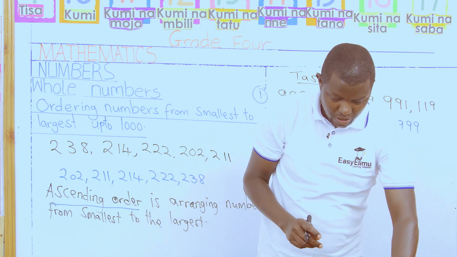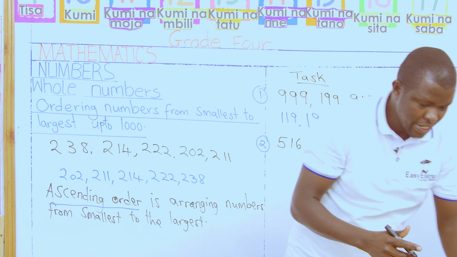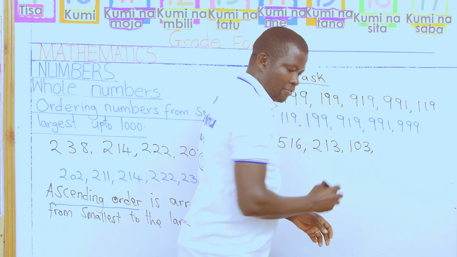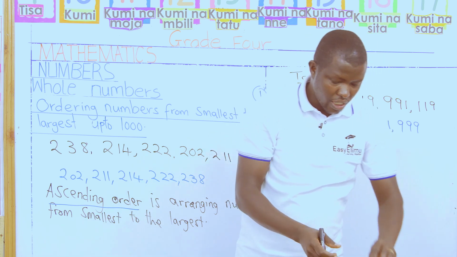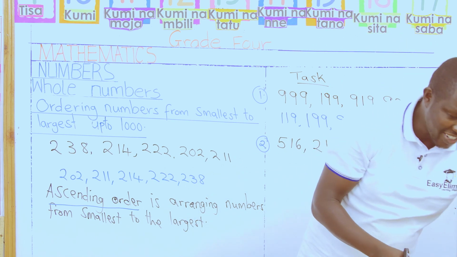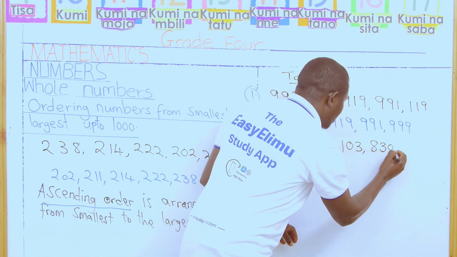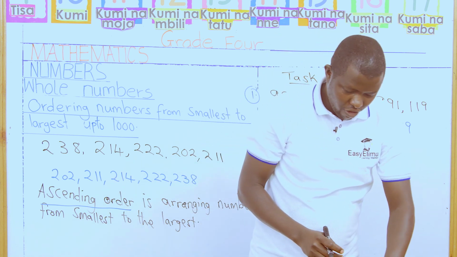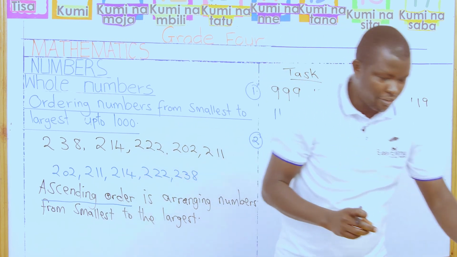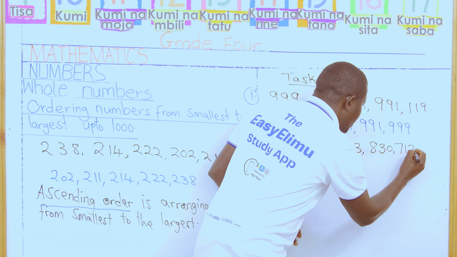The third number, 103. The next one is 830. Correct. 830. The fourth one, we have 712 as the fourth number from our pot. 712.